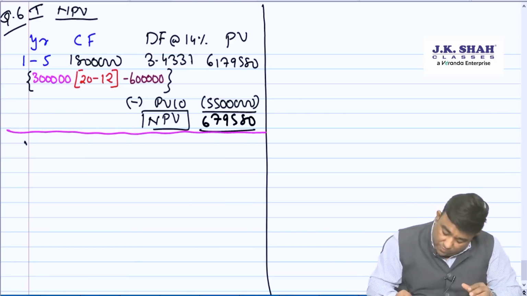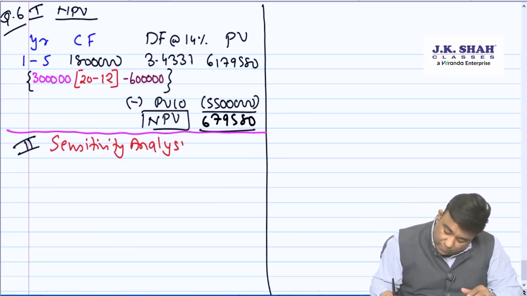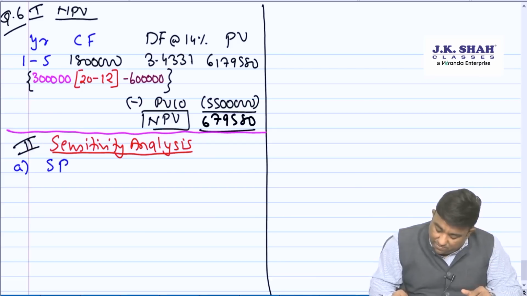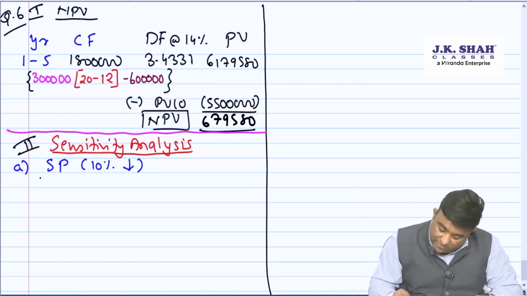That is point number 2, which is our sensitivity analysis. Let me target one by one. A, it's the selling price. When the selling price has 10% variability on the downside, can I compute a revised NPV?